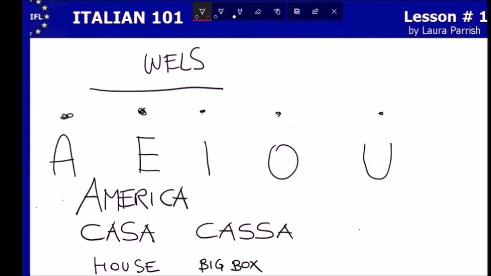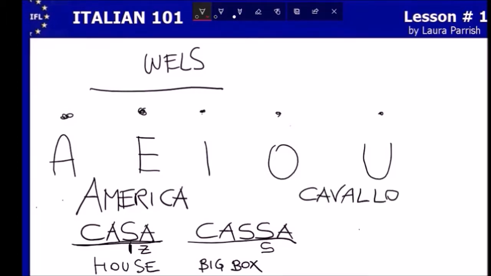Basically here, casa, look at this as a sweet Z. You read casa, casa. We double, it becomes cassa, cassa. This is a strong S. Very often we have in Italian a double consonant, for example in the word cavallo.